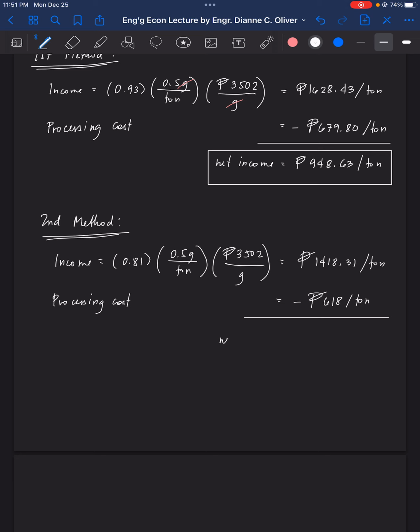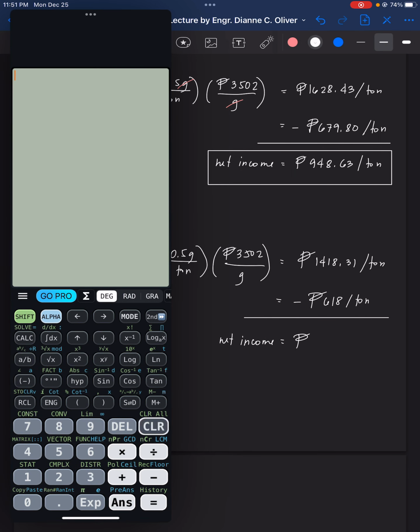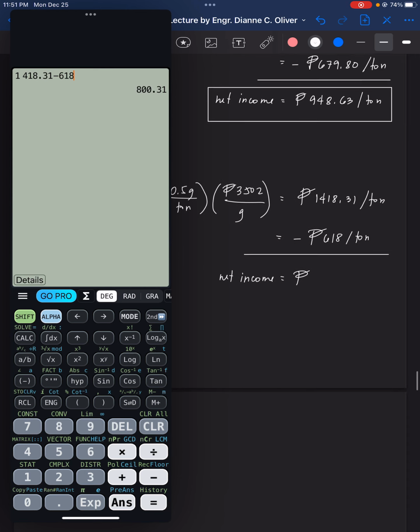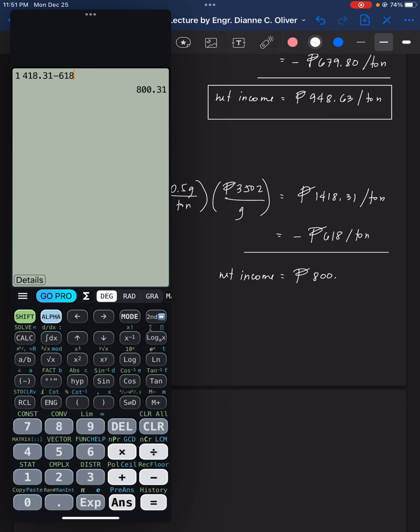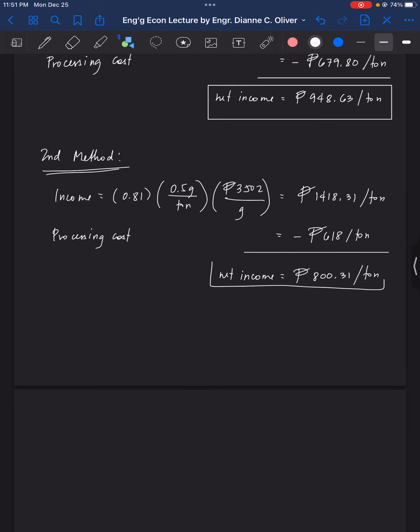So net income is now equal to how many pesos per ton? So 800.31 per ton. So that's the income for the second method.